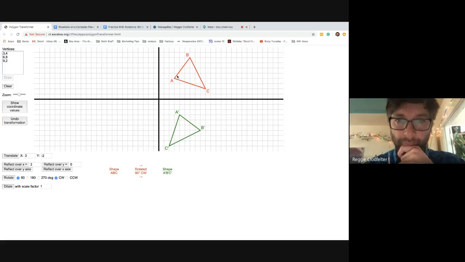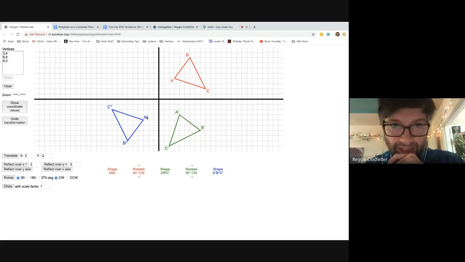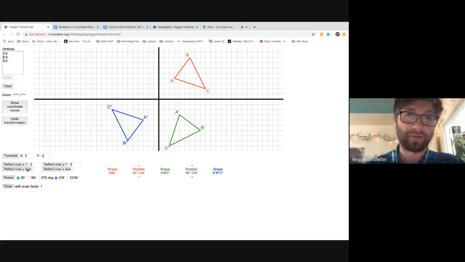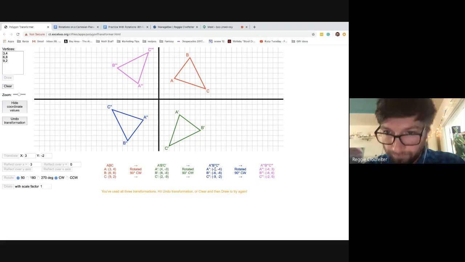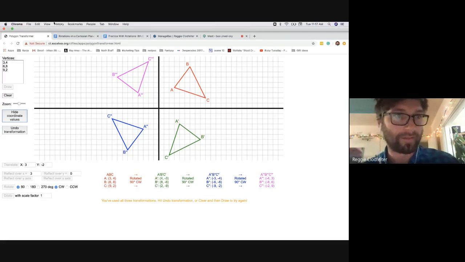And those mean that is our new image from our pre-image, and that this A prime corresponds to A. If I rotate it again, I'll get A double prime, B double prime, C double prime. It's really simple, but everyone needs to know what that means when you encounter it, because otherwise you're going to be confused, which is understandable. Here we have A triple prime, B triple prime, C triple prime. And that is how you will refer to them when you list their coordinates or when you're talking about them.